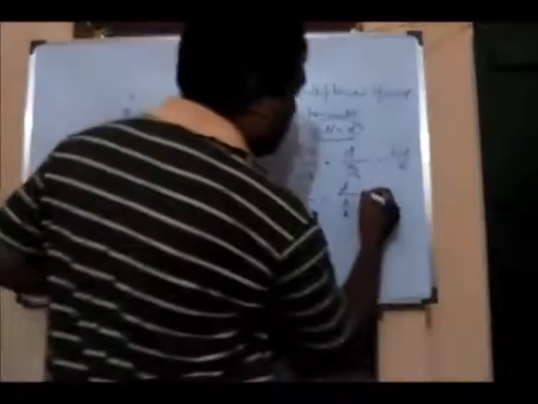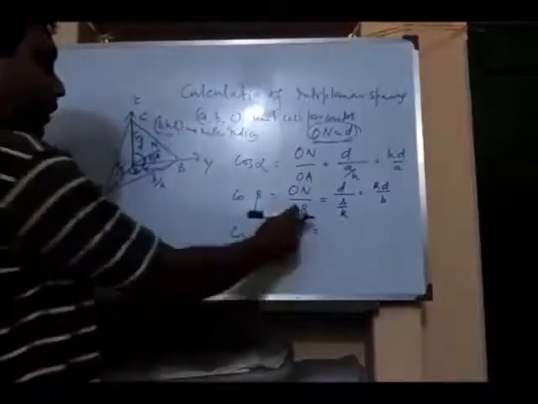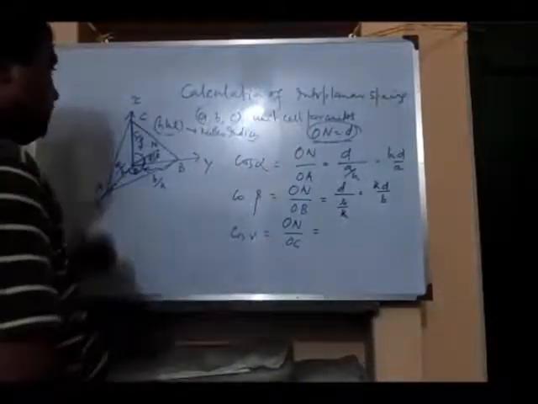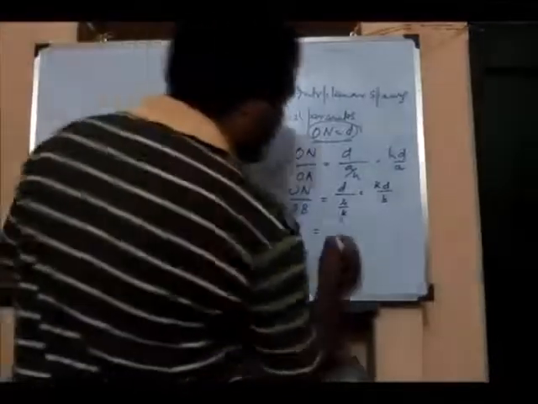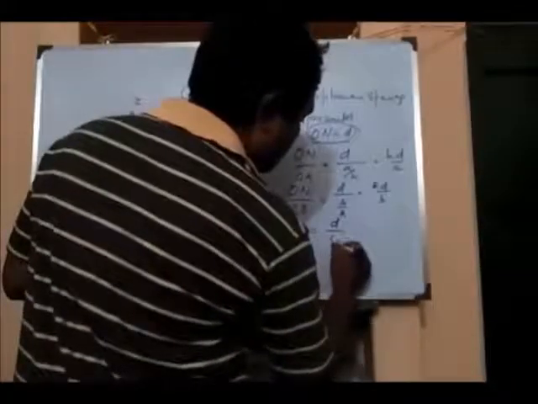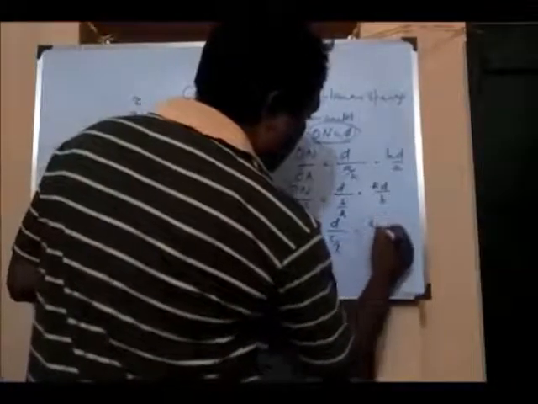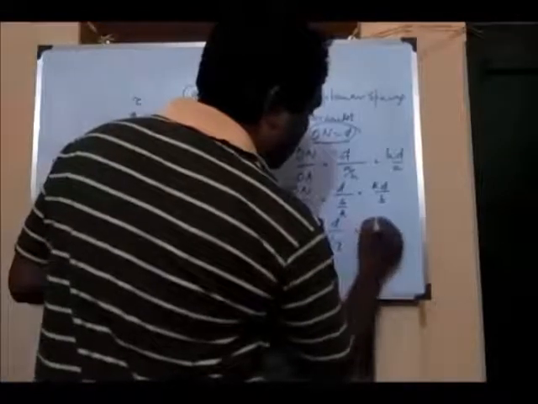So this is kd by b, and ON by OC for cos gamma will be d divided by c by l. So this will be ld by c.